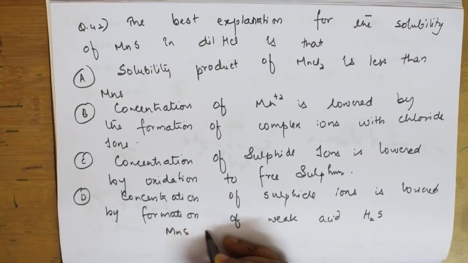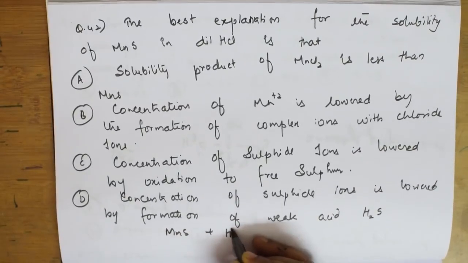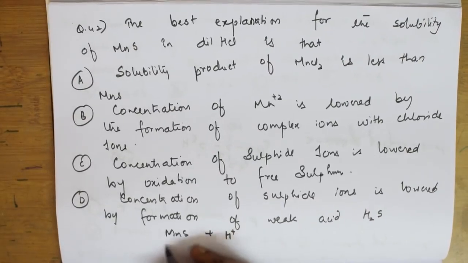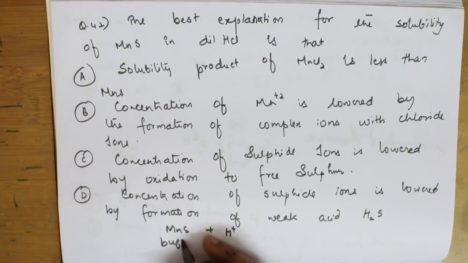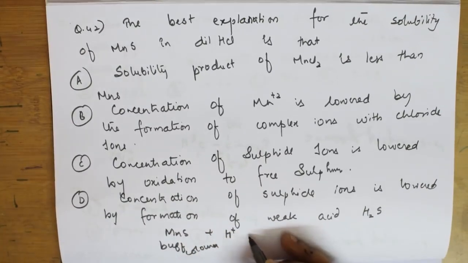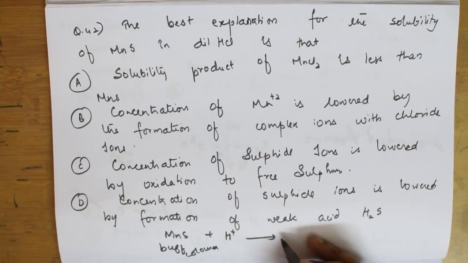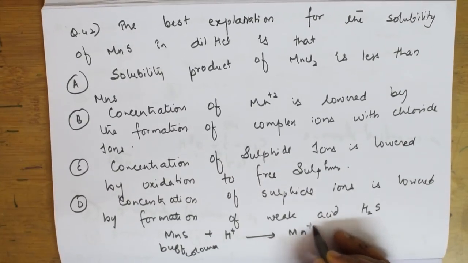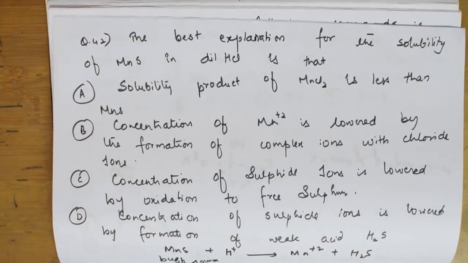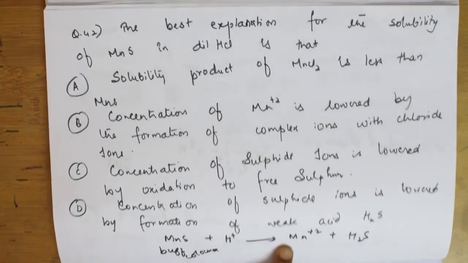Manganese sulfide, when it combines with HCl, I'll put it as H plus. Manganese sulfide is a buff colored solid. But when it combines with HCl, this is going to break up and it forms Mn2+ plus H2S gas evolved.